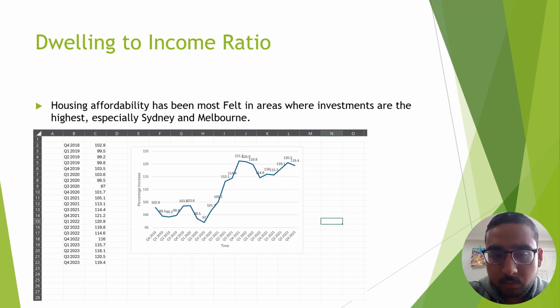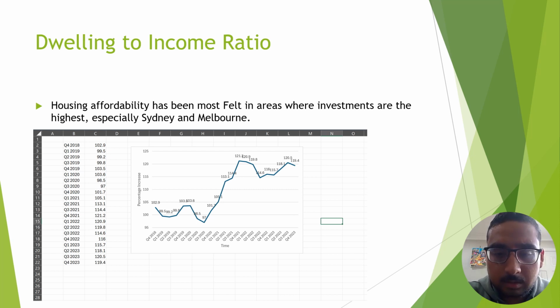So now there is the dwelling to income ratio, which suggests what the price of the house is compared to the income. We can see it is usually around 1.1 to 1.2 times the national median annual income. Especially in areas where investment is higher, such as Sydney and Melbourne, there is a lot of investment in the property market, and housing affordability is more of a question there, again suggesting a positive linear relationship between more investment and higher prices.